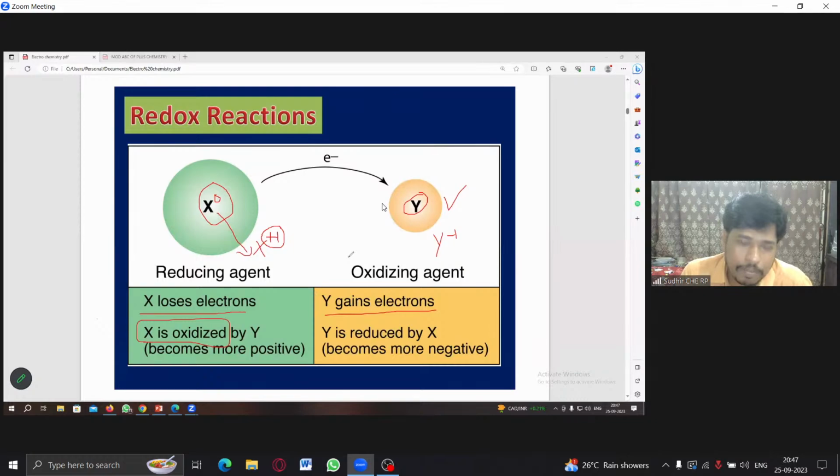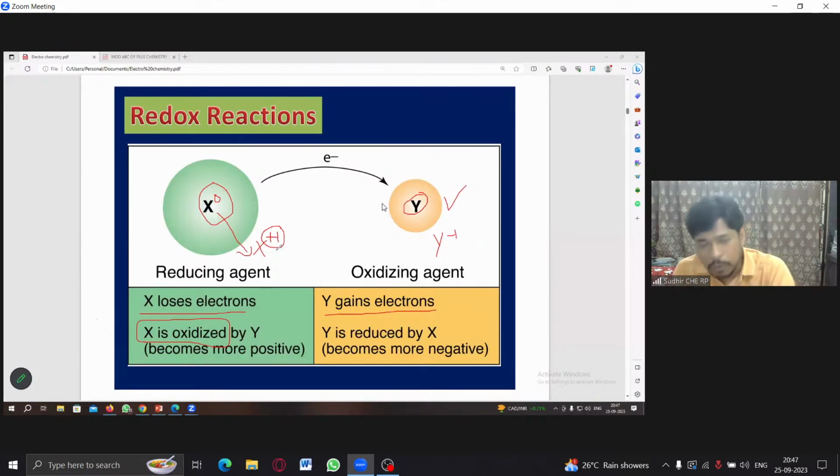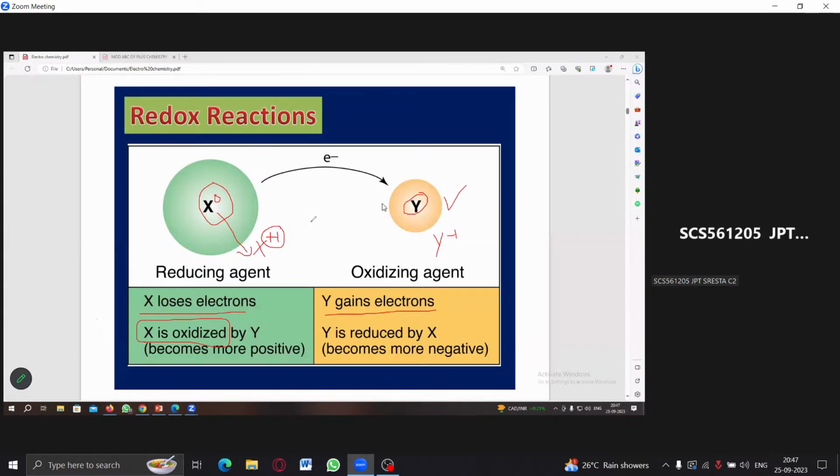X initially in elemental form has oxidation number 0. After losing one electron, it is converted into X plus 1. That means its oxidation number is increased from 0 to plus 1. Am I correct or incorrect? Correct, sir.